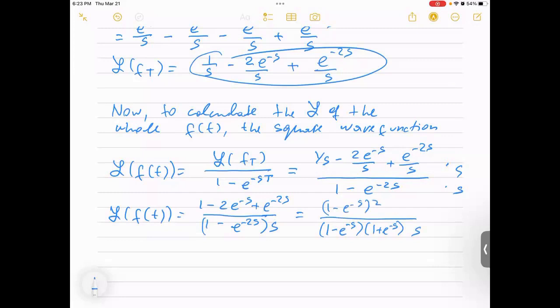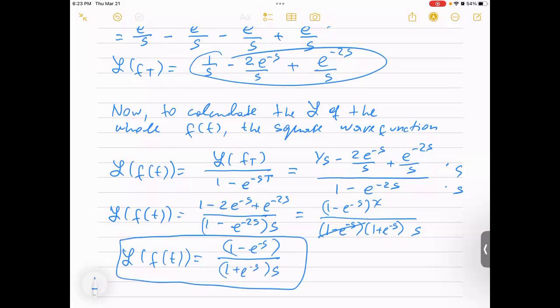So we simplify that expression: one copy of 1 minus e to the negative s on top cancels with the one on the bottom, and on the bottom we have 1 plus e to the negative s, times s. That will be the Laplace transform of the square wave function.